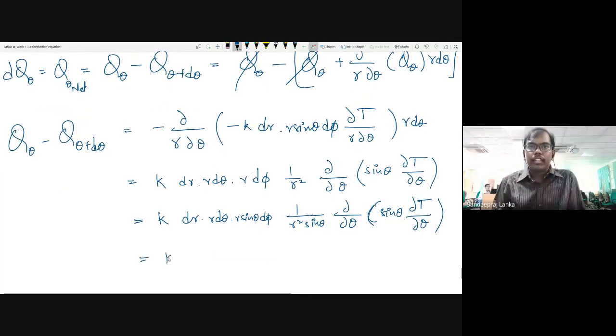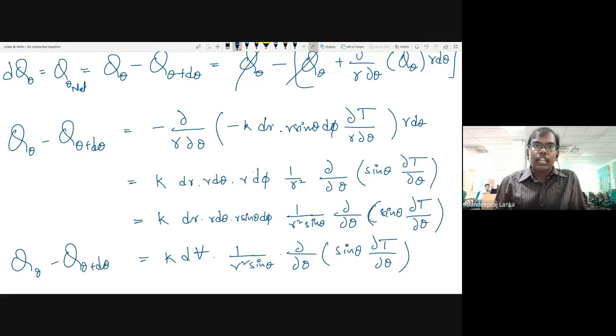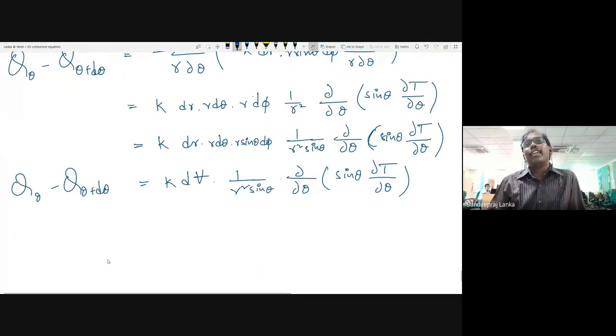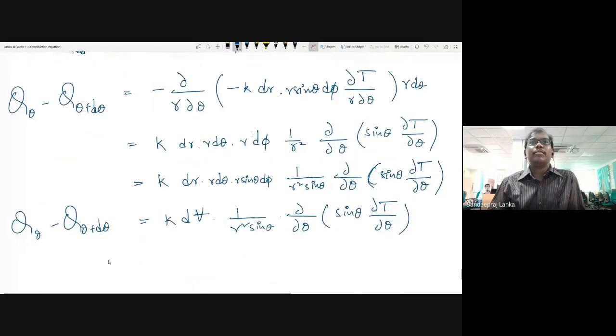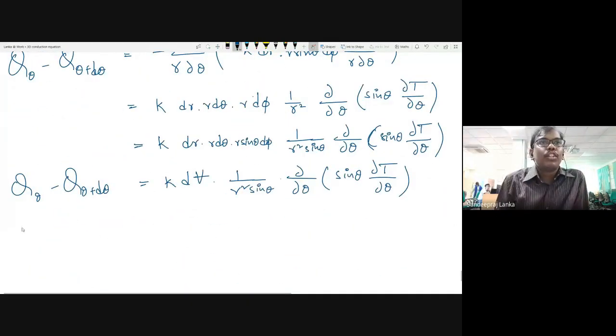You can simply write it in terms of dv: k into dv into 1 by r square sine theta into dou by dou theta of sine theta into dou t by dou theta. So this is your q theta minus q theta plus d theta. You need a little more patience compared to your previous cylindrical coordinate and Cartesian coordinate systems. If you can take that little patience, you can solve this. Right. Let's move on to phi.